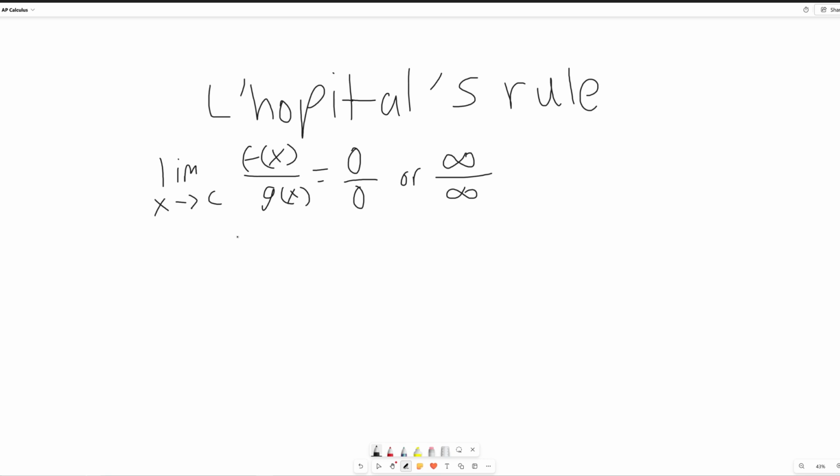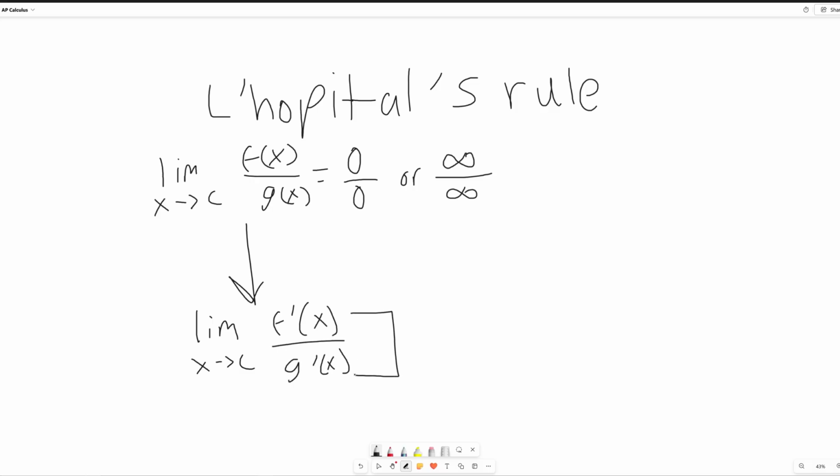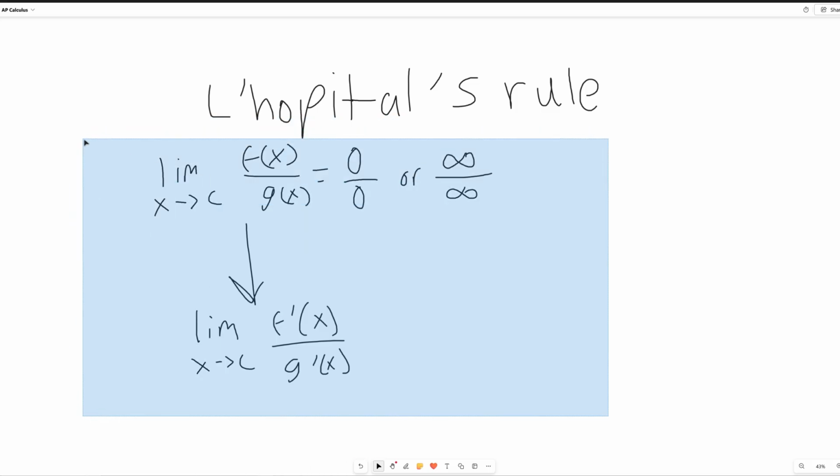Then you're allowed to say that this equals the limit as it approaches the constant of f prime of x over g prime of x. So don't get this twisted. This is not the quotient rule. This is you take the derivative of the top individually, and then you take the derivative of the bottom individually.